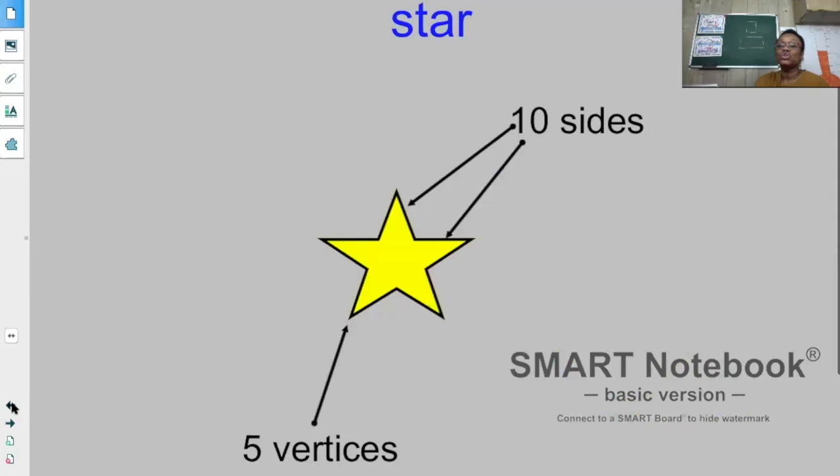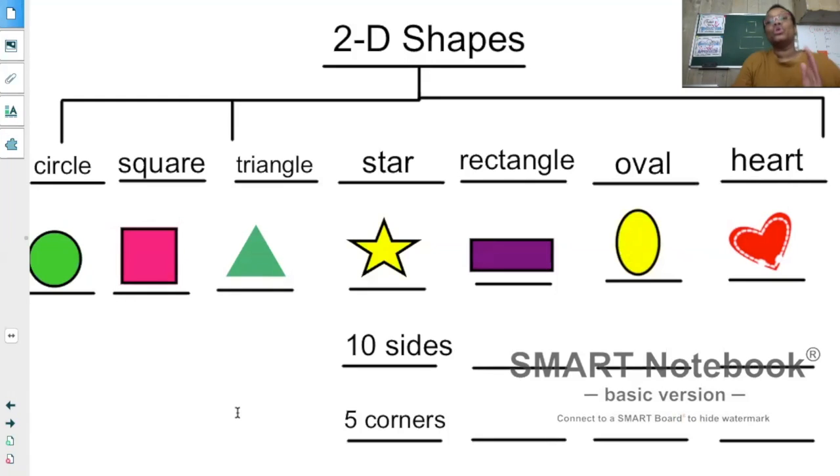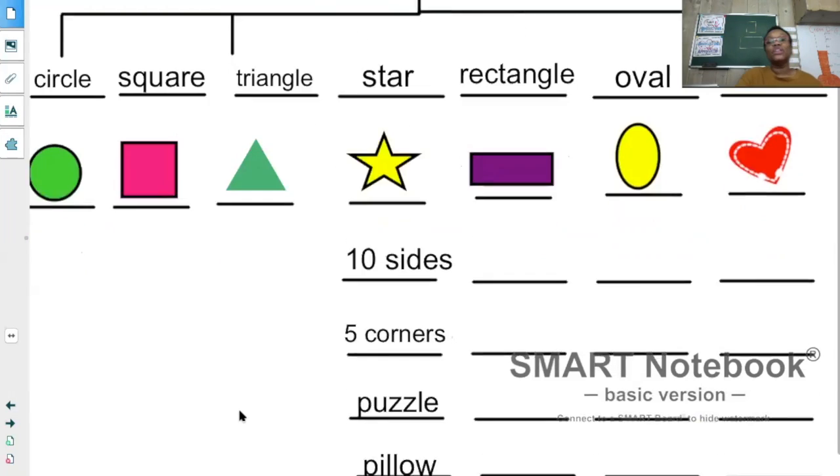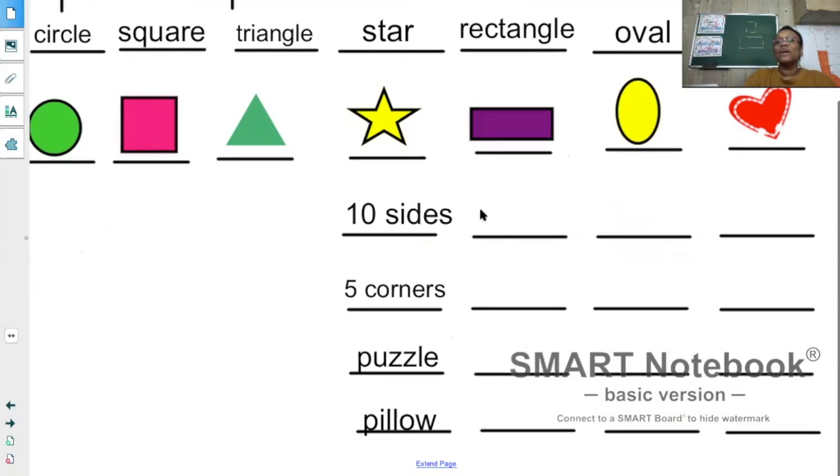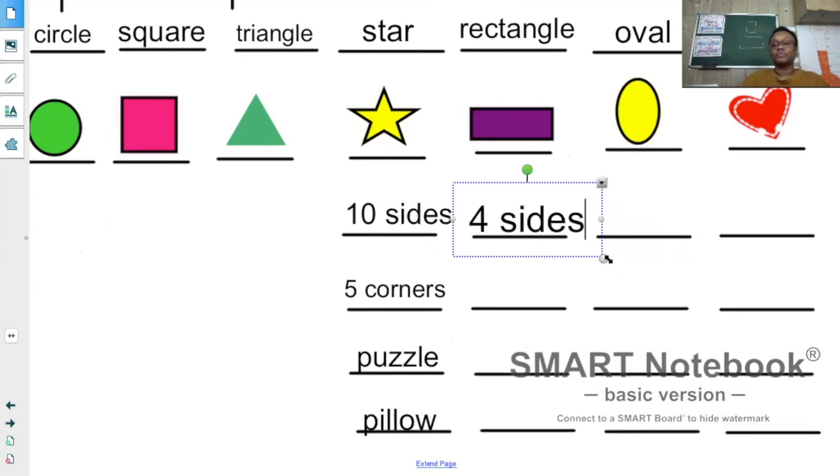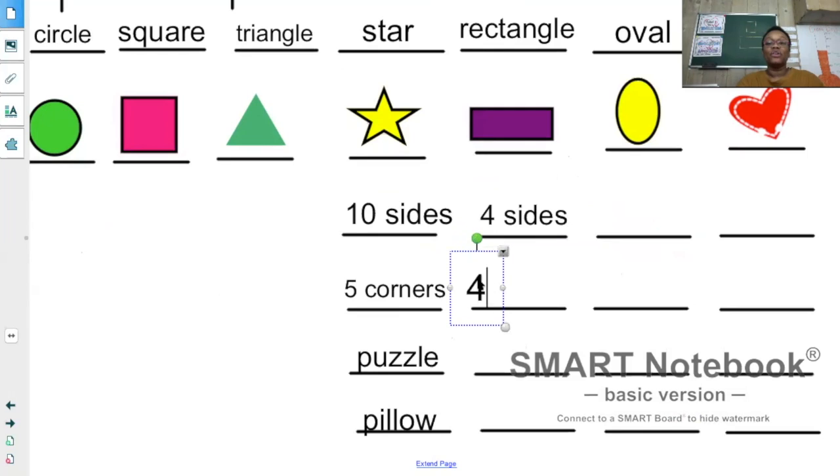So what we're going to do is I want you to go back to your tree map. Underneath your drawing of a rectangle, we're going to add some of the important features of a rectangle. So we know it has four sides. So we'll add that underneath your picture. And then on the next line, we're going to add that it has four corners.